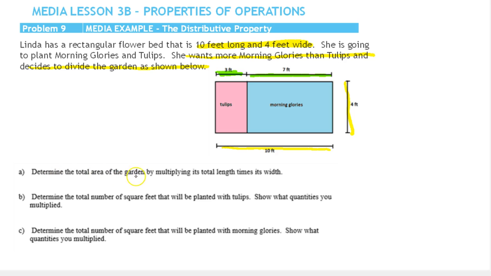Determine the total area of the garden by multiplying its total length times its total width. So its total length, so I'm looking at the whole garden now, not looking at the 2 pieces, is 10 feet times 4 feet. So 10 feet times 4 feet, which we're going to write as 40, this means square feet, so 40 square feet.